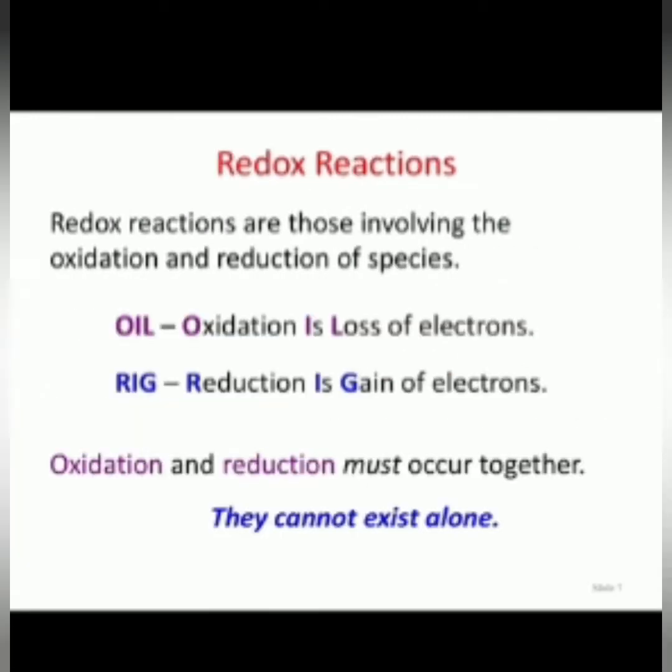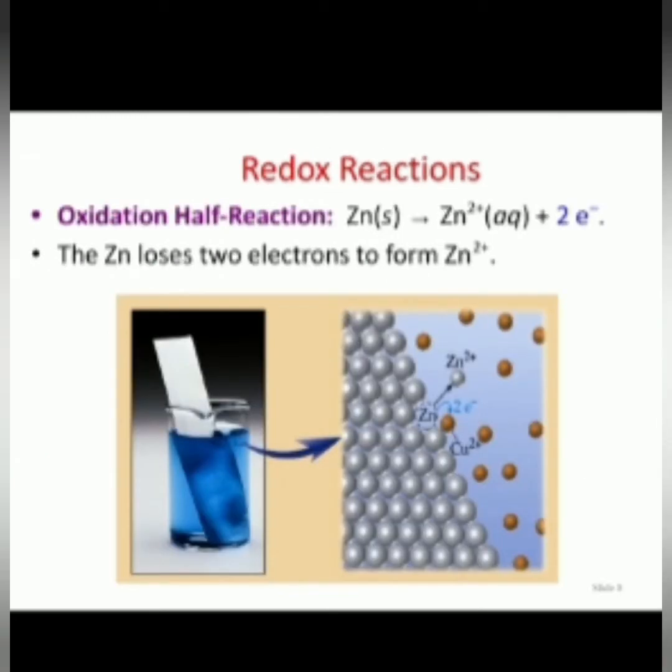Redox reactions. Redox reactions are those reactions in which reduction and oxidation take place simultaneously. In redox reactions, we can understand the cell.